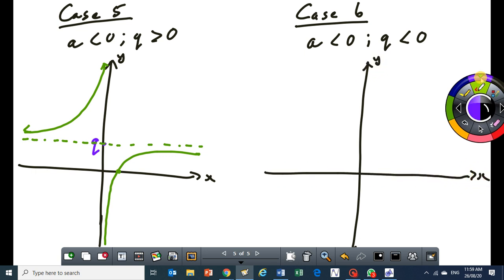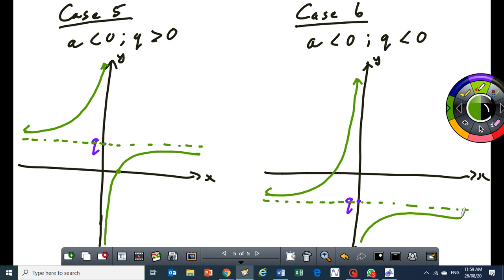Our q is now negative, so it's below the x-axis. So if I draw the asymptote, it will be like that. So my two curves, one will be in the second quadrant, the other one will be in the fourth quadrant.